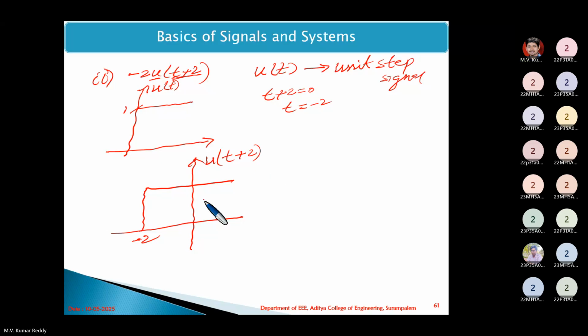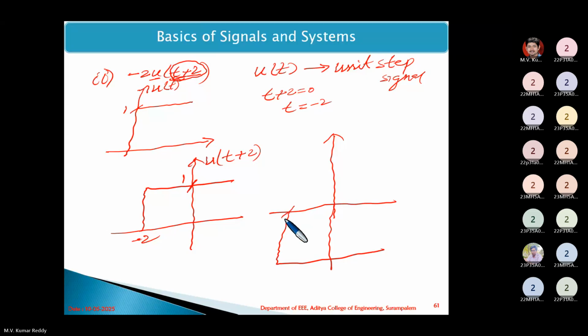Okay, next, this portion is completed. Next is the coefficient. How much coefficient? Minus 2. So multiply with the minus 2. Here what is the value? 1. Multiply with the minus 2. So this will be shifted in the reverse direction.